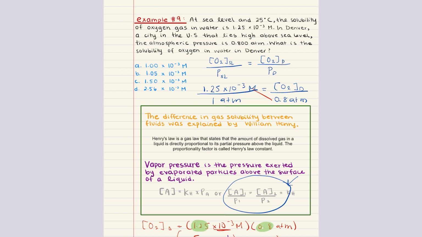And 5 and 10 are also divisible. We'll divide both by 5 and we get 1 over here and 2 over here. Essentially what we're left with is 1 multiplied by 1, which is just 1, times 10 to the minus 3. So the solubility of oxygen in water in Denver is just 1 times 10 to the minus 3. And that is going to be answer choice A.